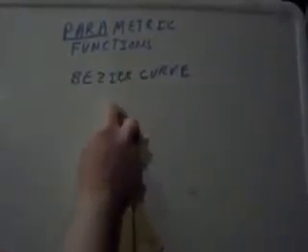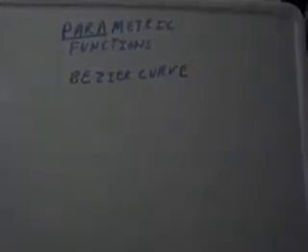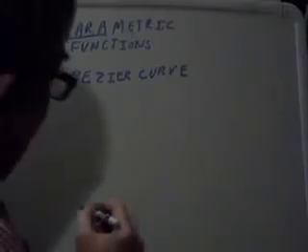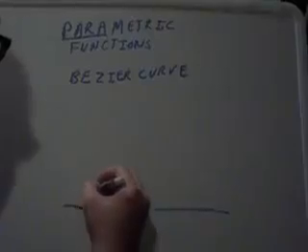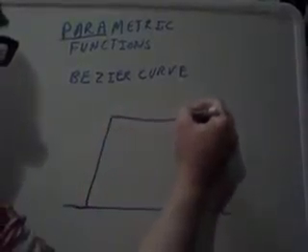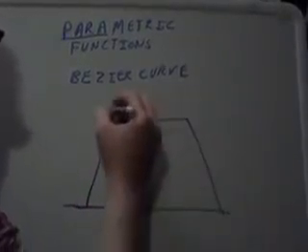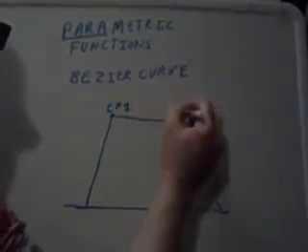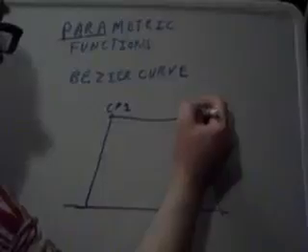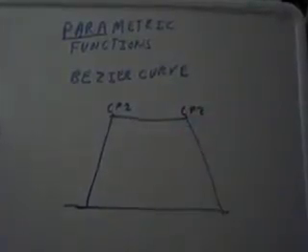So, what would a cubic Bezier curve look like? Well, what you do is instead of having a triangle, you'd have more like a trapezoid. You have control point 1. You'd have control point 2.